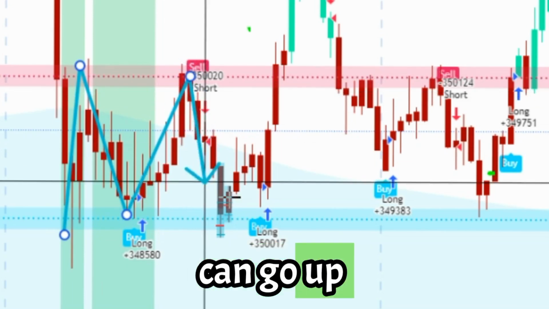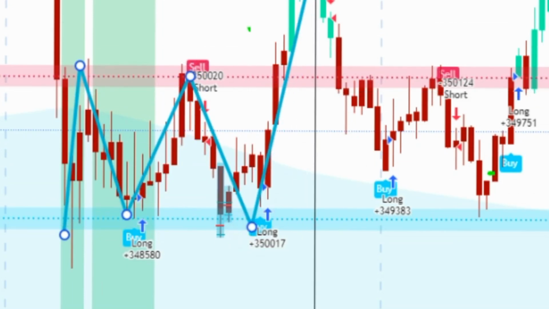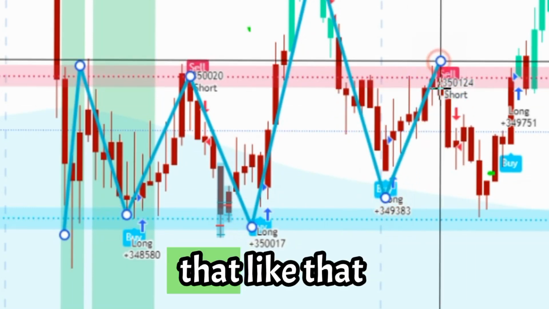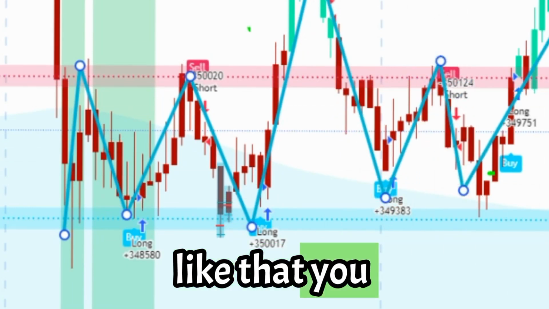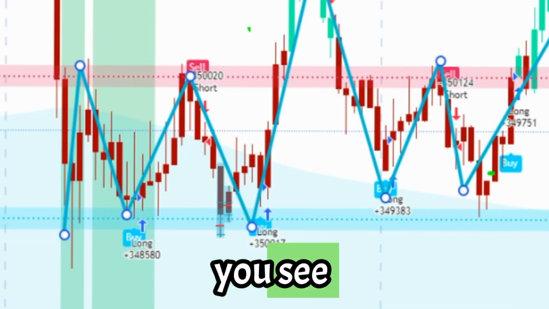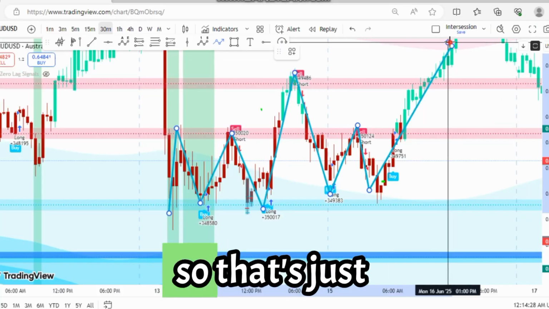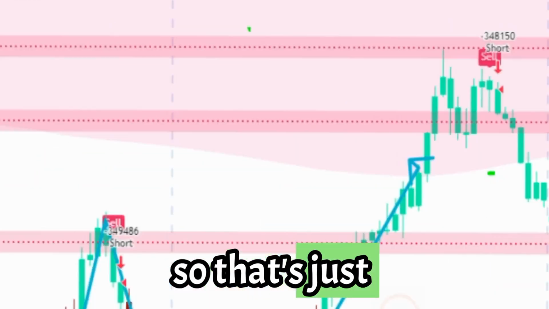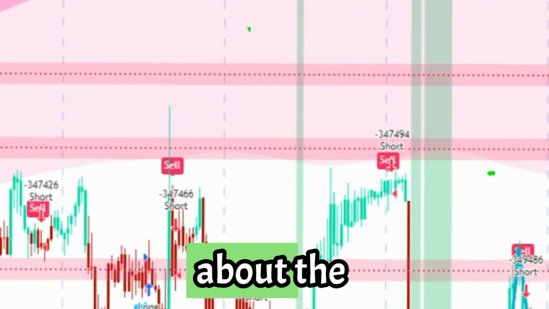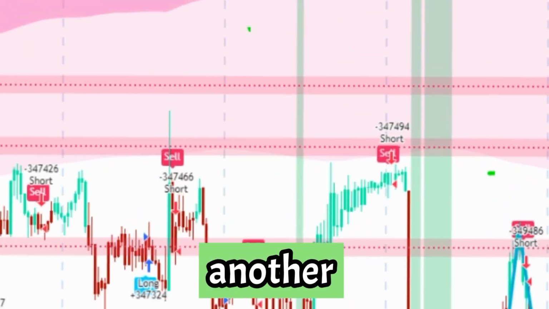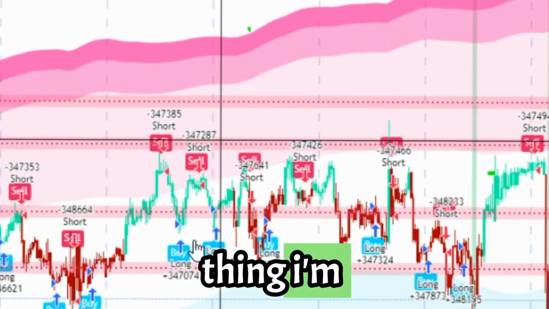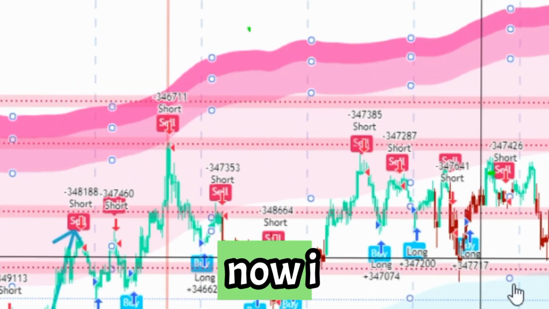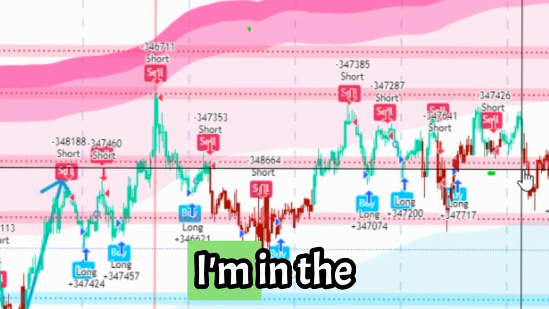You can go up around this zone, sell signal, sell, and like that, like that. You just wait for your signal. You see, around this point there was no signal. So that's it about the zones. All right. Another thing I'm going to talk about now, as regards this indicator.